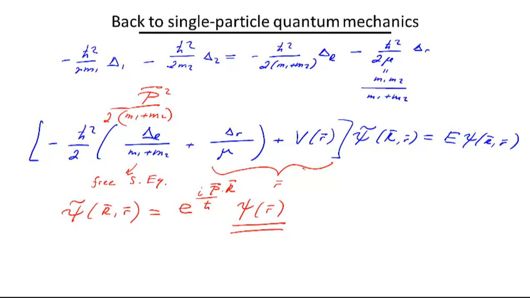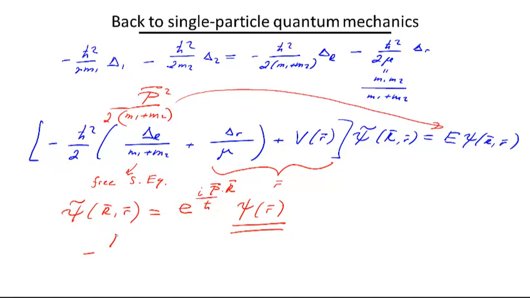It doesn't appear anywhere else in the problem, and we can just move it to the right-hand side, subtract it from the total energy, and that's it. So the final result that we're going to get, which does not include this term, is going to look as so.